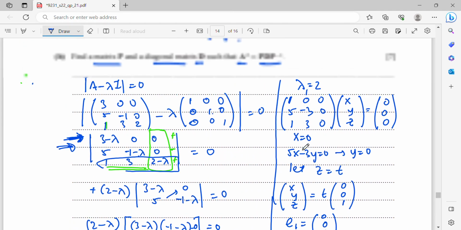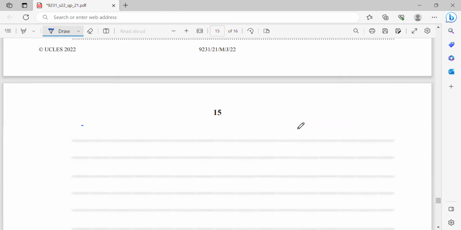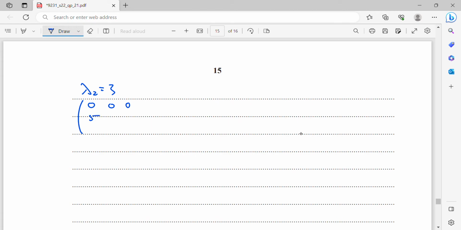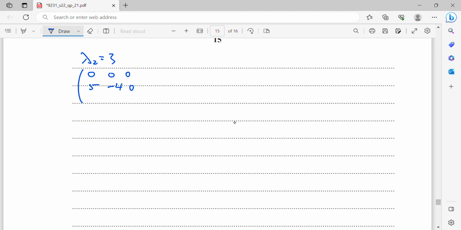Then second row, 5, minus 1 minus 3, which is minus 4, so I get 5, minus 4, 0. Then last row, 1, 3, 2 minus 3 is minus 1, so 1, 3, minus 1. Multiply by x, y, z equals all 0.